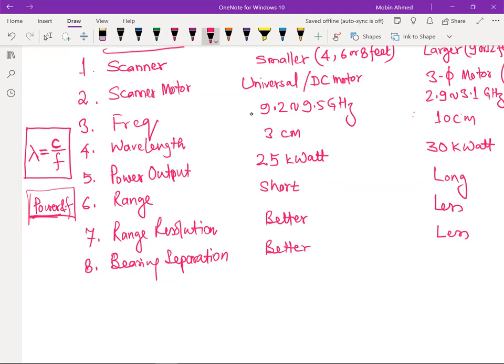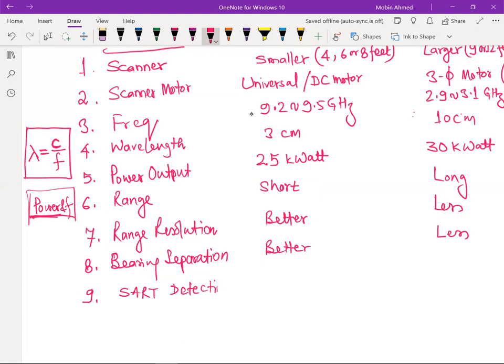Same goes for the range resolution. If two targets are nearby, we can identify the different range of both. Yes, in the X band it is better, whereas in the S band it is less. That is the meaning of this. And there is going to be a SART, a transponder.